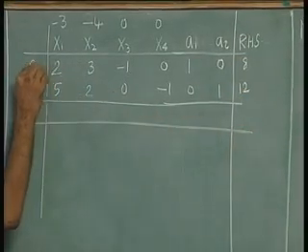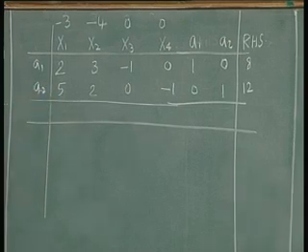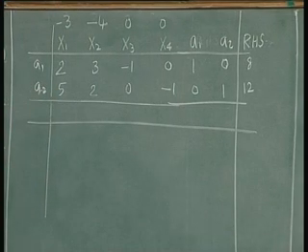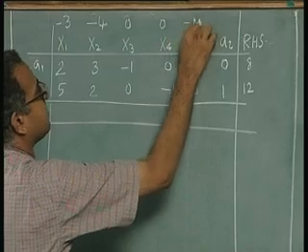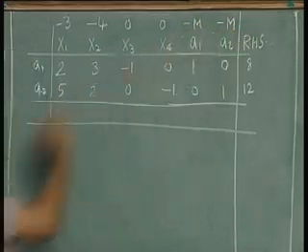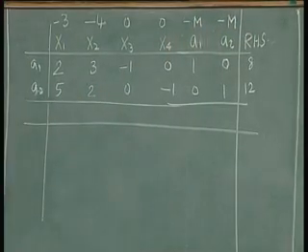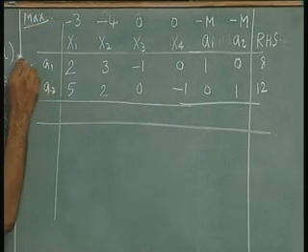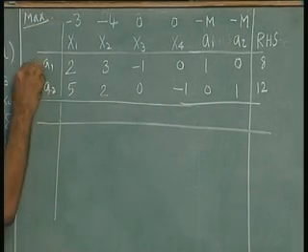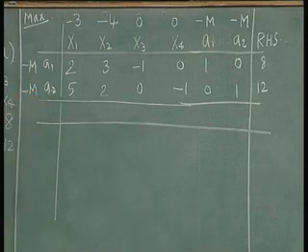Now A1 and A2, the artificial variables are the starting basic variables. Their contribution to the objective function will be minus M for a maximization problem. So we maximize. So we have a minus M here and a minus M here.